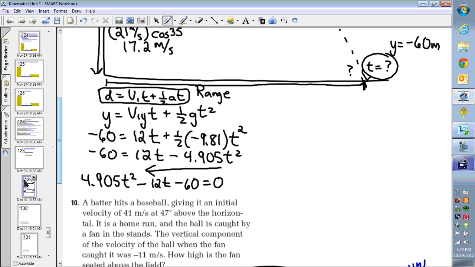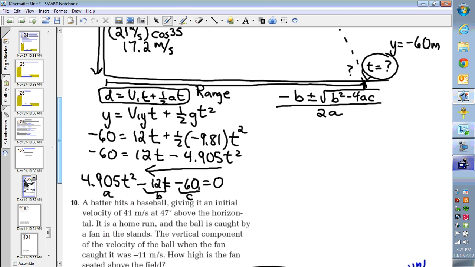So what you would do is call the 4.905 term A, negative 12 you'd call B, negative 60 you'd call C. You plug that into the quadratic formula, negative b plus or minus the square root of b squared minus 4ac, all over 2a. When you plug all those numbers in, you will get two answers for time.